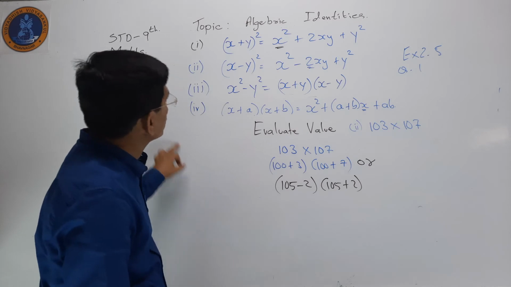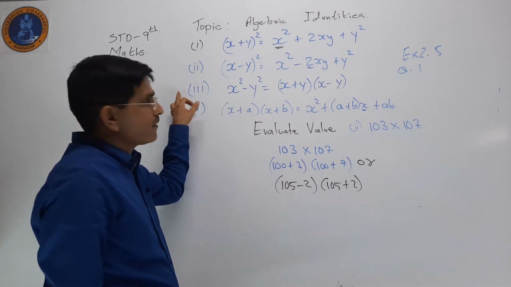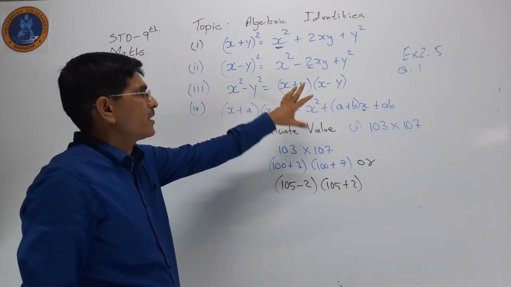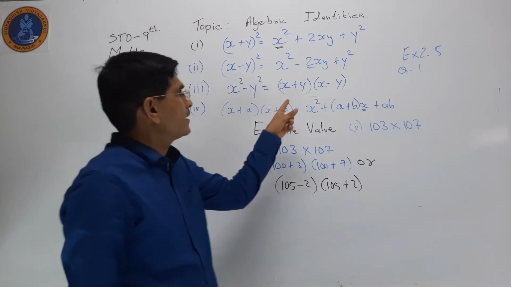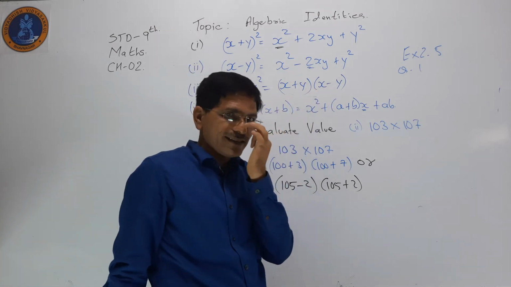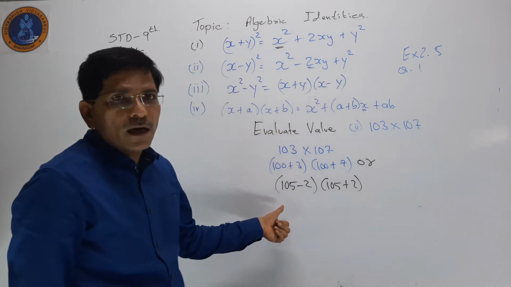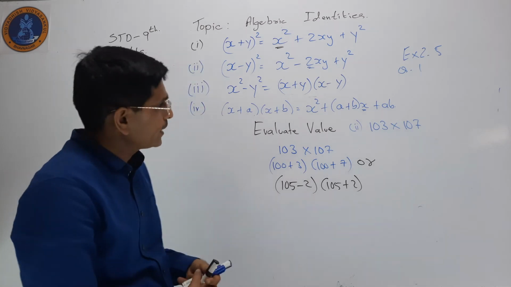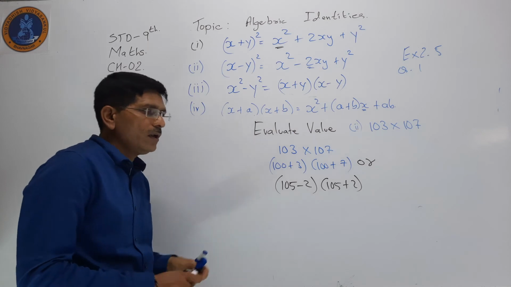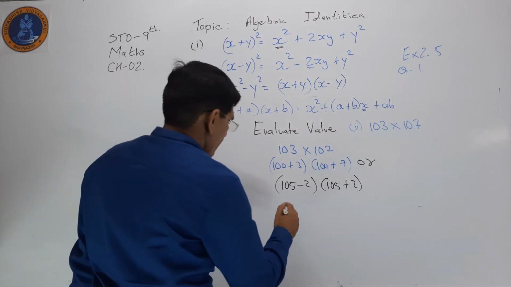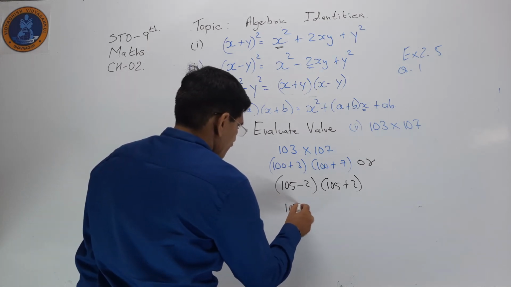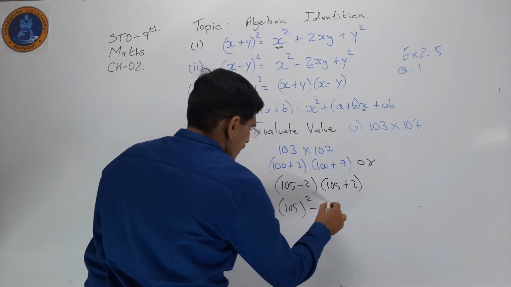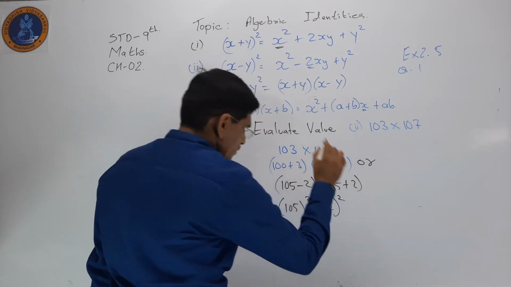So now we go for the third identity, x square minus y square equals x plus y, x minus y. Here it is 105 minus 2, 105 plus 2, so we can use the third identity to solve this. So 105 whole square minus 2 whole square.